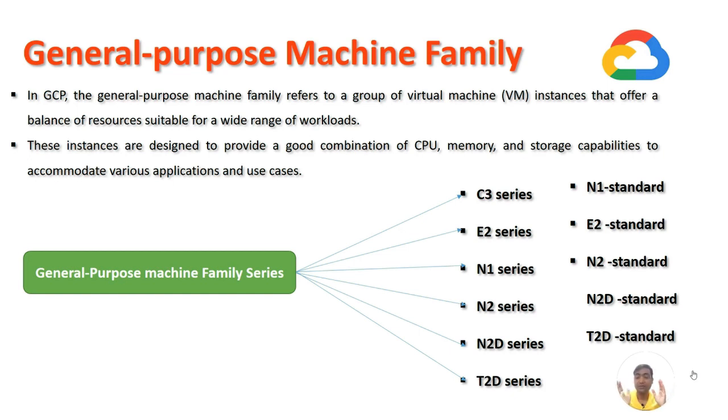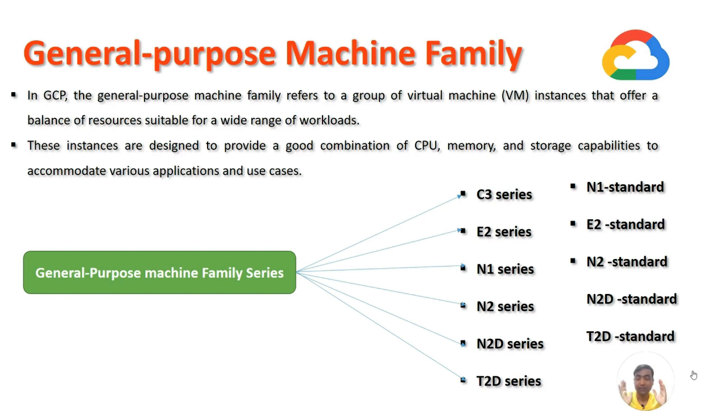Machine families are further classified by series and generation. As you can see here, the general purpose machine series are C3, E2, N2, T2D, and N2D. Guys, every machine series has predefined machine types that provide a set of resources for your virtual machine.